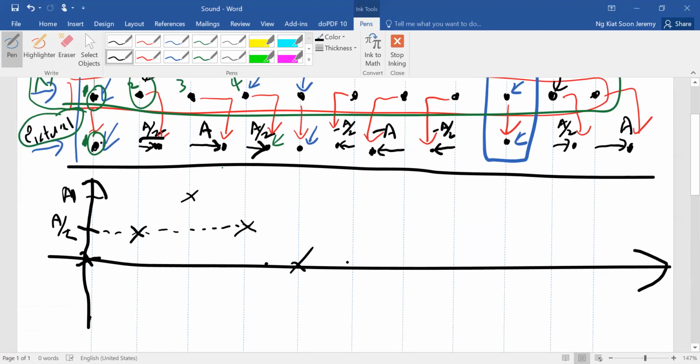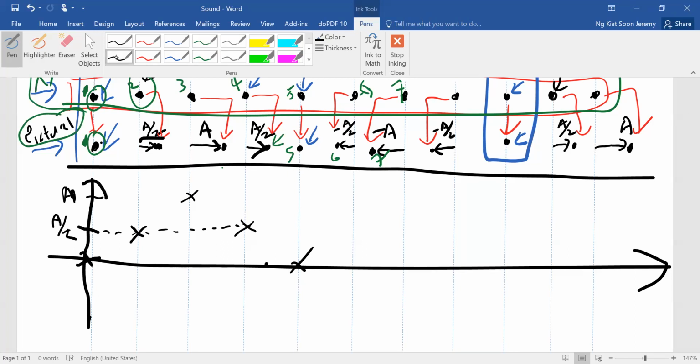Okay, then I look at this side. Let's just number the particles: this will be 5, then particle 6, particle 7. If I look at particle 6, where is it? You must realize that in this case, it moved left. Just now it moved right.